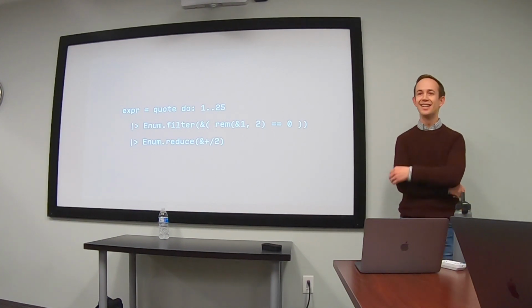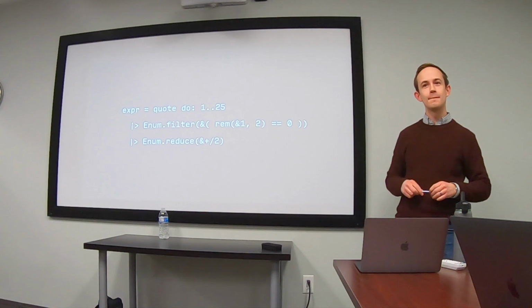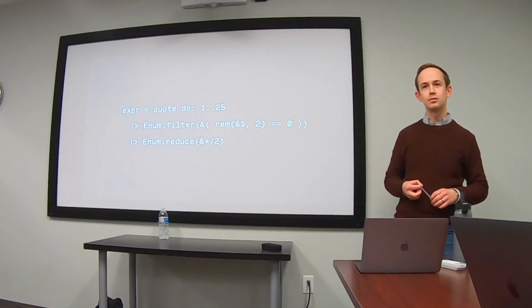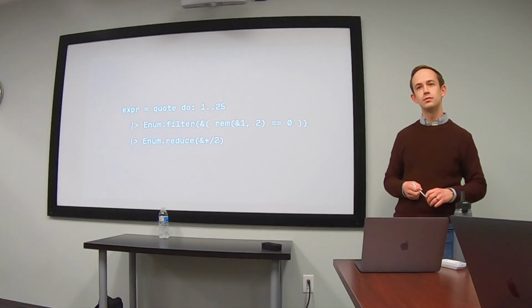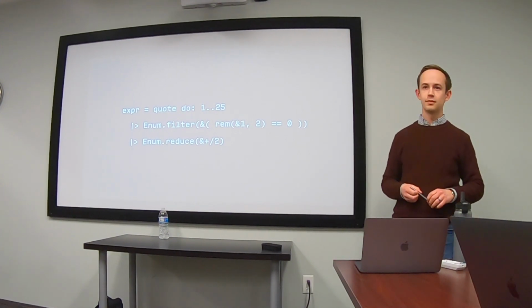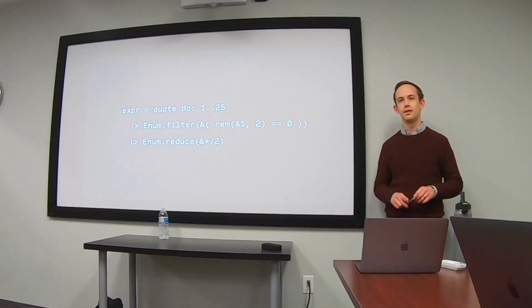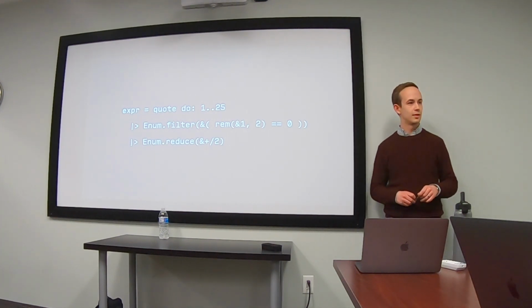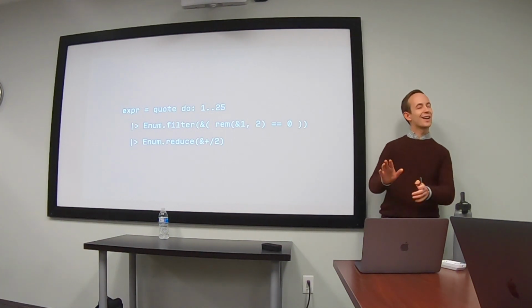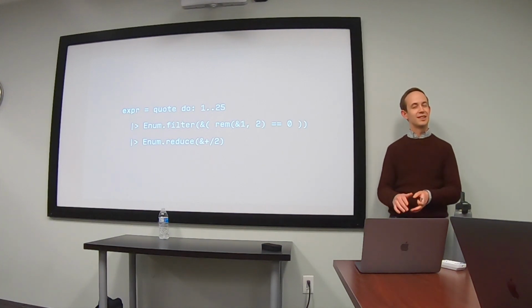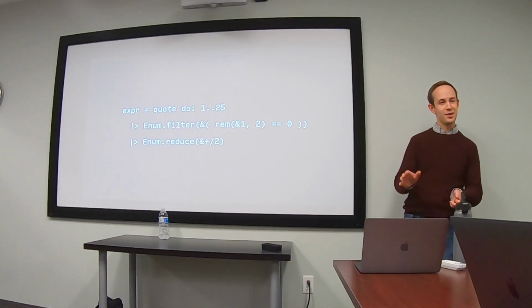Maybe another way to say it is you're trying to delay the execution or the computing of the arguments until after the macro has been able to rearrange things. Yes, exactly. It's like all these lazy functions in the enum module. They get expanded. It's like, I'm not going to compute until I'm done expanding. I'll wait for a bit.